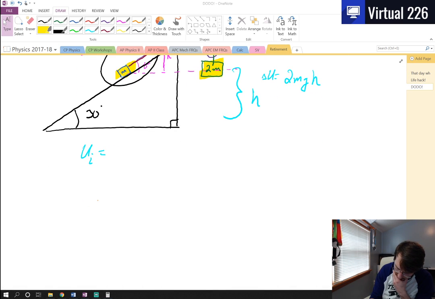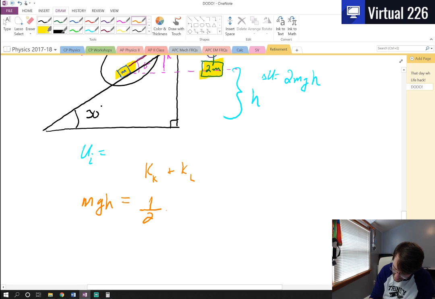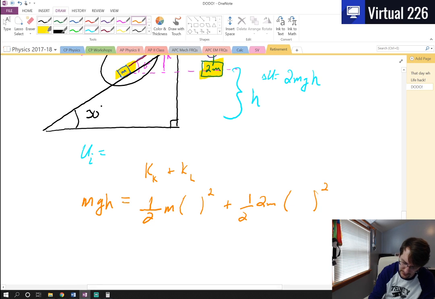So the total kinetic energy I have in the end is mgh. Now this has to equal the kinetic energy of block K and the kinetic energy of block L. The kinetic energy of block K is 1/2 m, and I'm going to leave this quantity squared blank for a second, and this is going to be 1/2 of 2m and then some quantity squared, just for a second, okay?